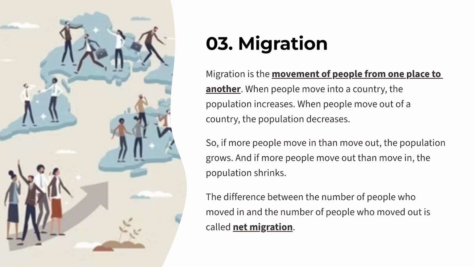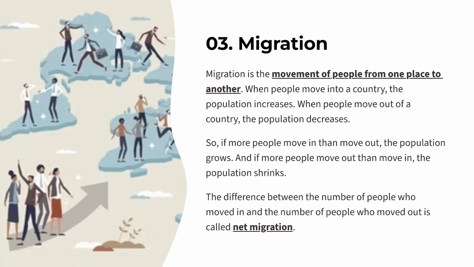The third major factor of population change is migration. Migration means the movement of people from one place to another. People migrate for many reasons: to look for jobs, education, safety, or better living conditions. When people move into a country, the population increases.